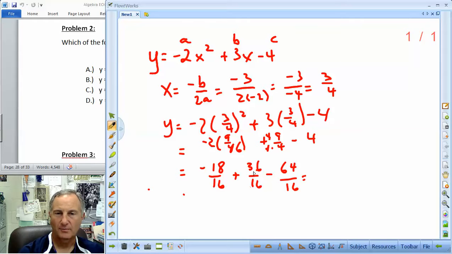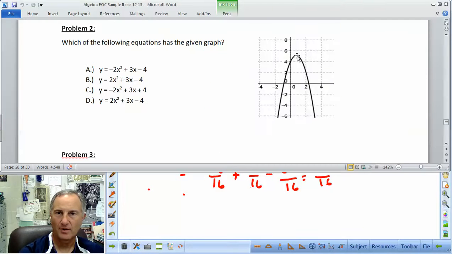So this would give me negative 18 sixteenths minus 64, which is 82 sixteenths in the negative. So I've got a negative y value. Come back over here. This is a positive y value. So this must be my answer here.